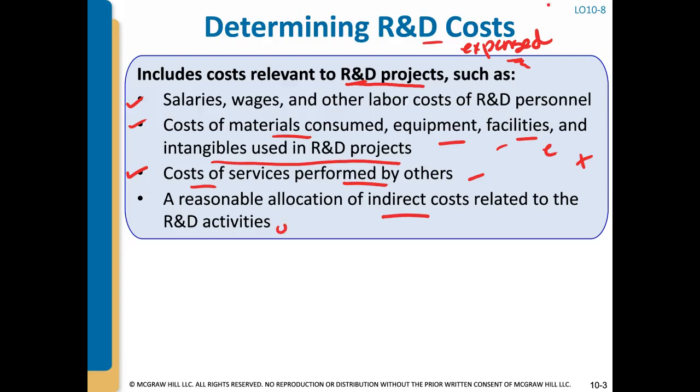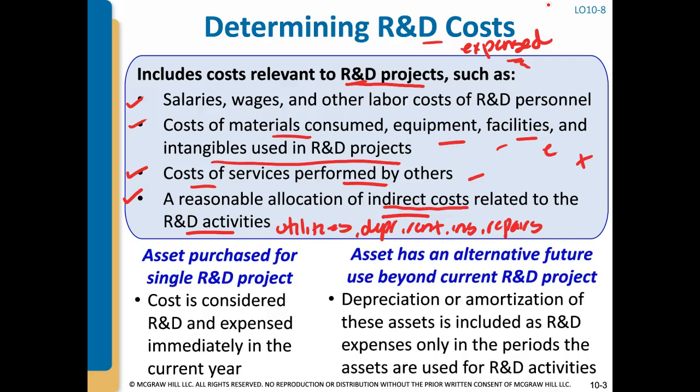So think of the utilities used in the R&D facilities, depreciation on assets used specifically for R&D, rent on the R&D building, insurance for R&D building and equipment, any repairs on the buildings that are used for R&D, any property taxes on the R&D facilities. Those are all indirect costs related to the R&D activities, and those are all considered R&D and expensed as such.